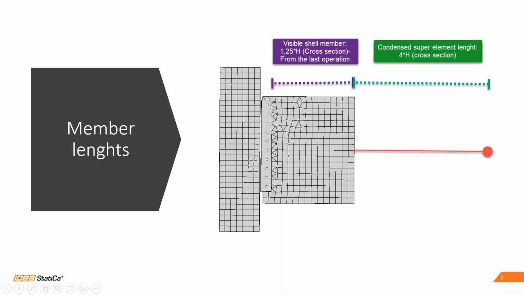This line starts from this shear plate, and if you add another operation, for instance a stiffener, it will start from that stiffener. From the end of the visible model, the condensed superelement is 4 times the cross section.